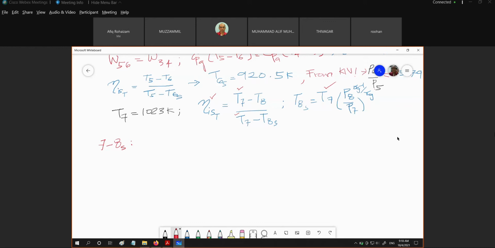Let us look at the pressure ratio at the turbine side. The overall pressure ratio of the turbine side is P5 over P8.